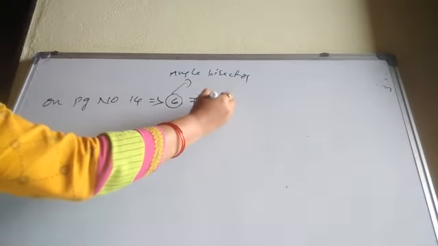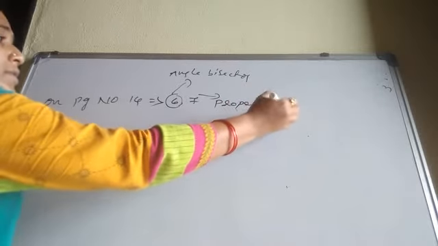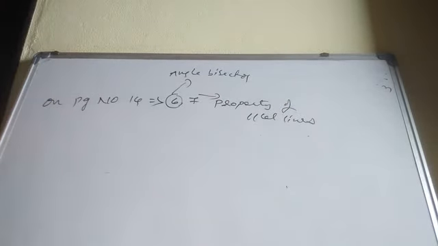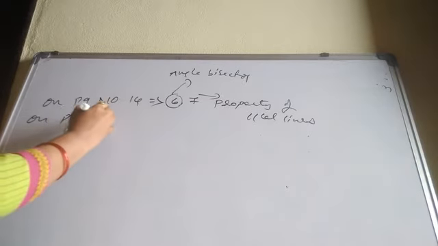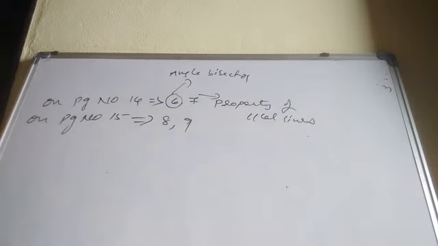And 7th one, property of three parallel lines and their transversal. And on page number 15, 8th one and 9th one are also the same. Angle bisector theorem. In 8th one, asked to find LT and in 9th one, the X value.